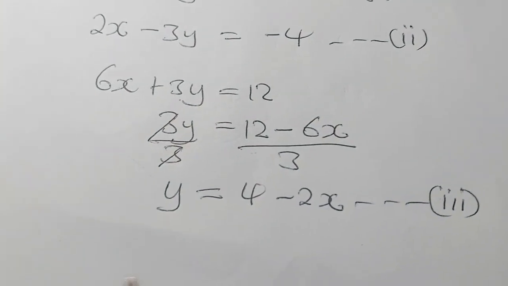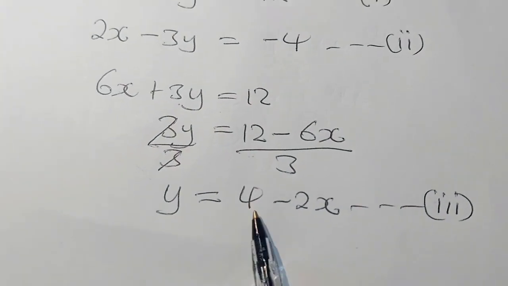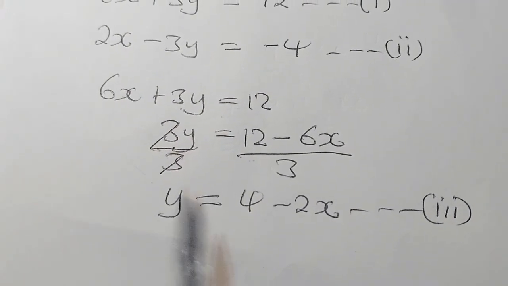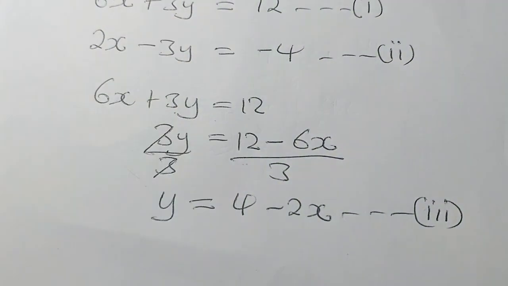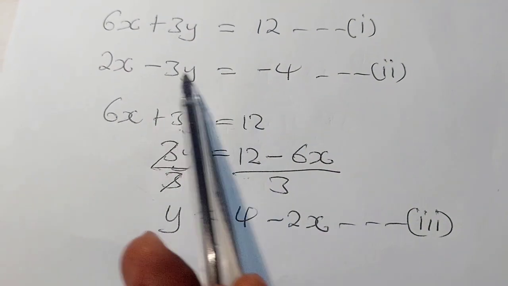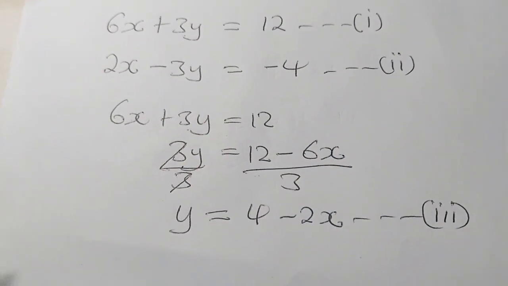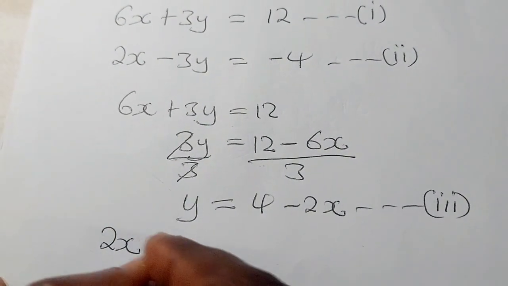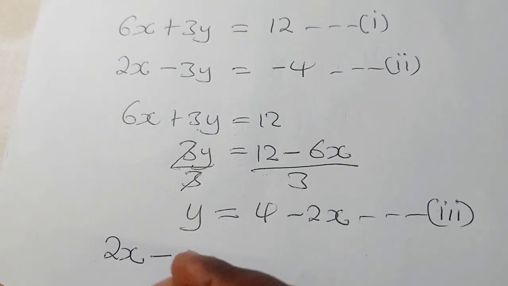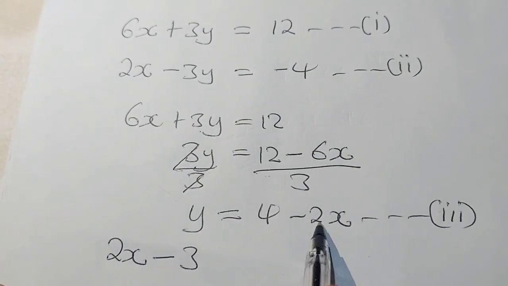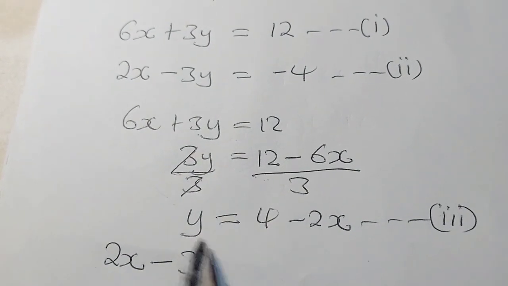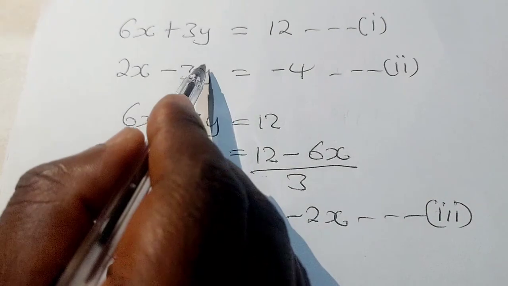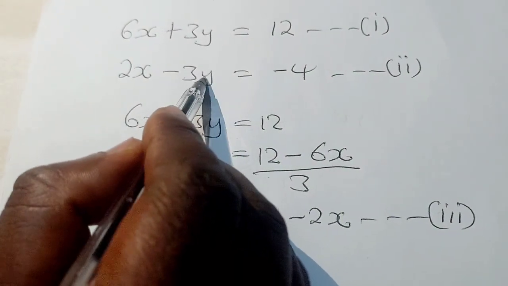Now we are going to substitute this third equation into our second equation. So we are going to say 2x minus 3, and the value of y from this third equation should be substituted in this second equation.